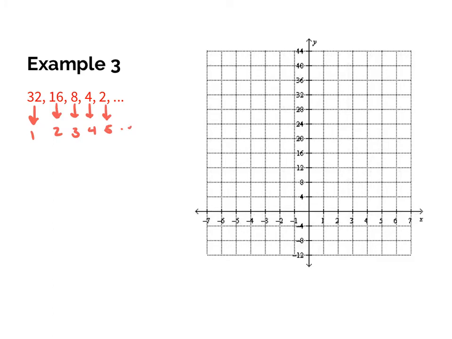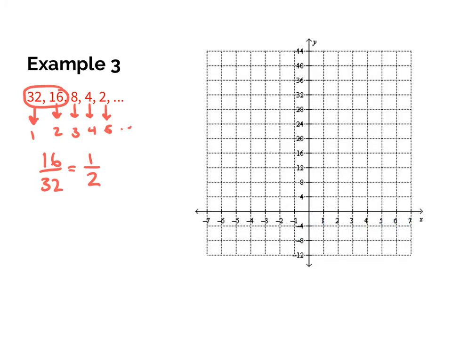Again, the common ratio between them, if I were to look at 16 and 32, if I would take the second number and divide it by the first, what I'm going to get is 1/2. So I know that my common ratio is going to be 1/2, technically dividing by 2. But graphically, if my first term is 32, think about my x-axis as my number of terms.